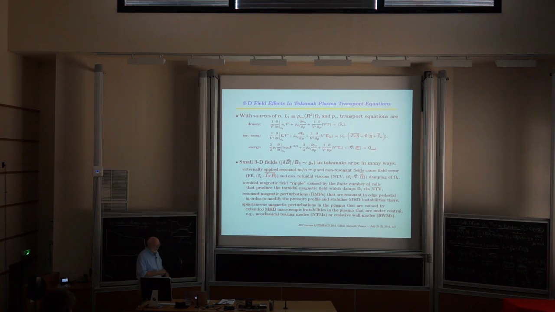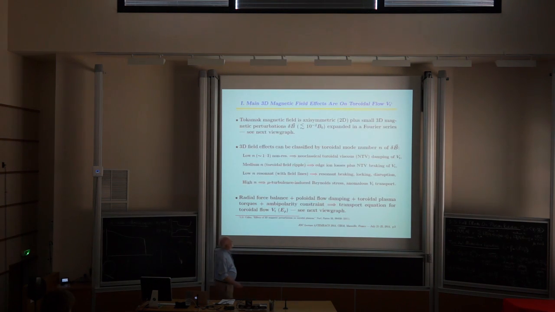And then you can have spontaneous magnetic perturbations in the plasma because of extended MHD modes, neoclassical tearing mode, resistive wall modes, we'll briefly chat about later. Okay, so what kinds of 3D effects do you get?